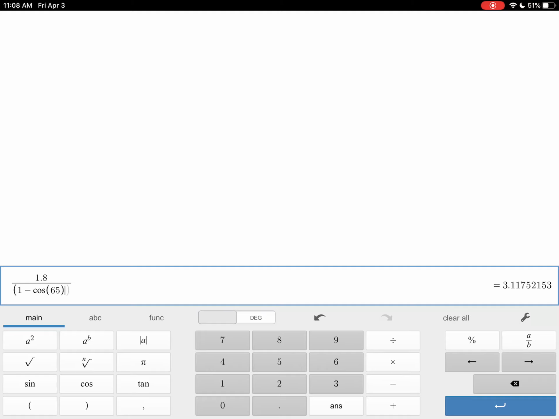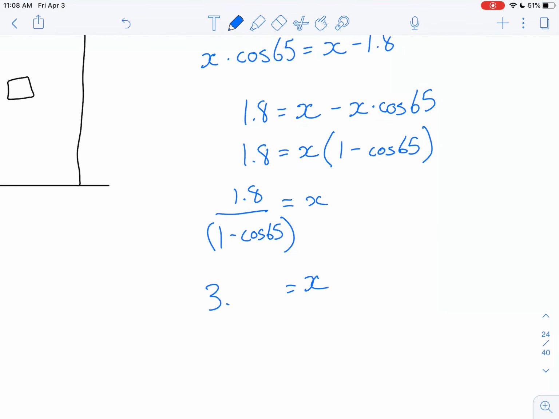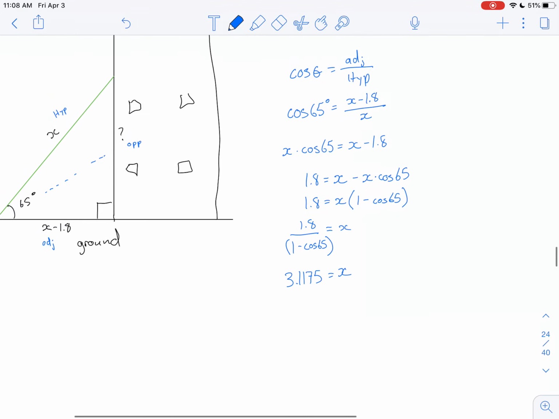I'm going to keep a couple decimal places here just because I'm in the middle of a question. I'm going to have to use this later on. So I'll keep 3.1175, four decimal places, just to be a little more accurate. And you'll see why, because I'm going to continue to use this value in my next step of the question.